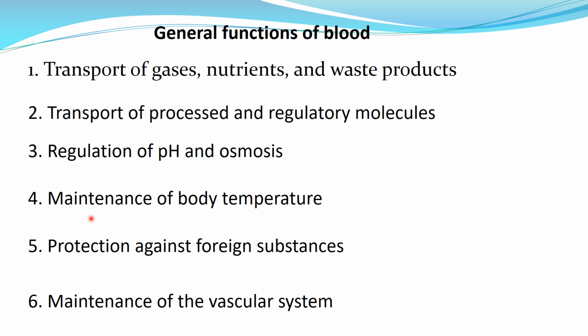Another function of the blood is the maintenance of the body temperature. As you know, our body has, let us say, a specific temperature, which is ranging between 36.5 to 37.5.